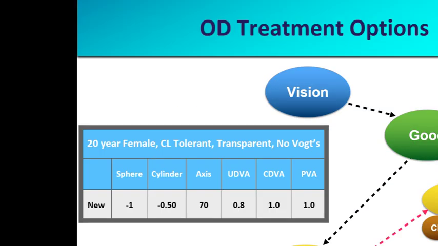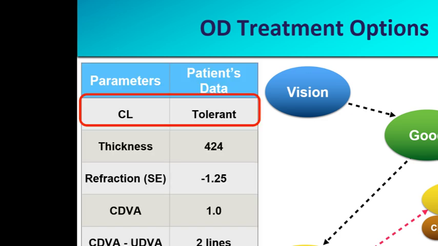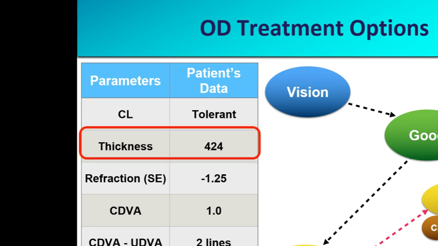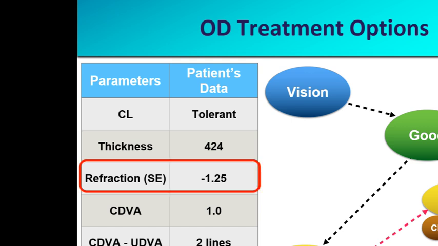Let's take the right eye first, which is -1. So glasses. Keep him on glasses. Okay. He is tolerant to contact lenses as well. Thickness, very thin cornea, but we have to monitor progression unless the patient is young. So laser cannot be done because of the very thin cornea, of course.